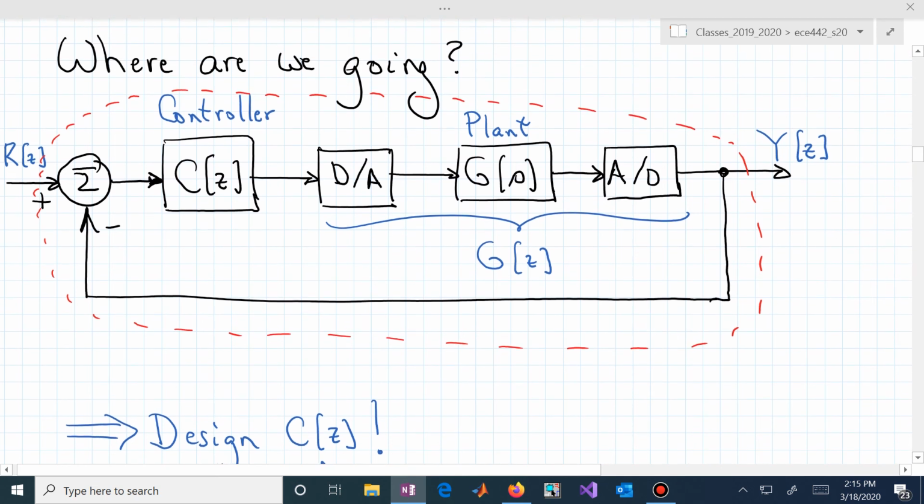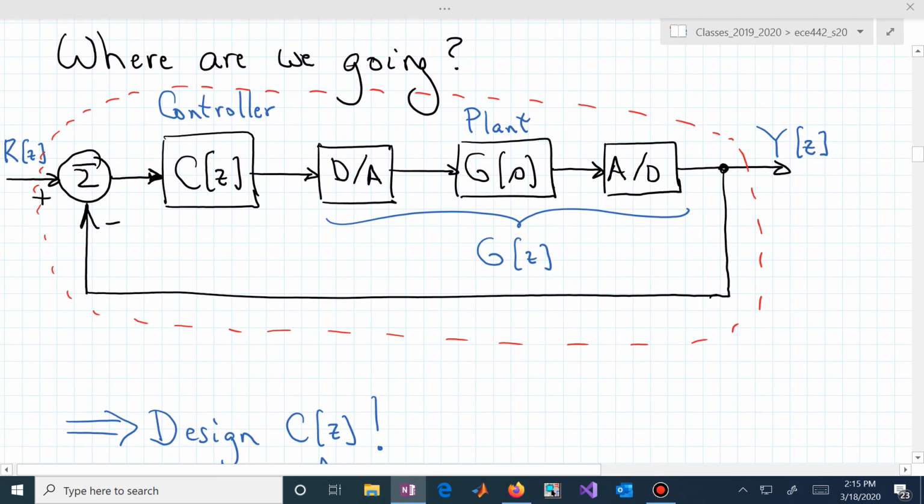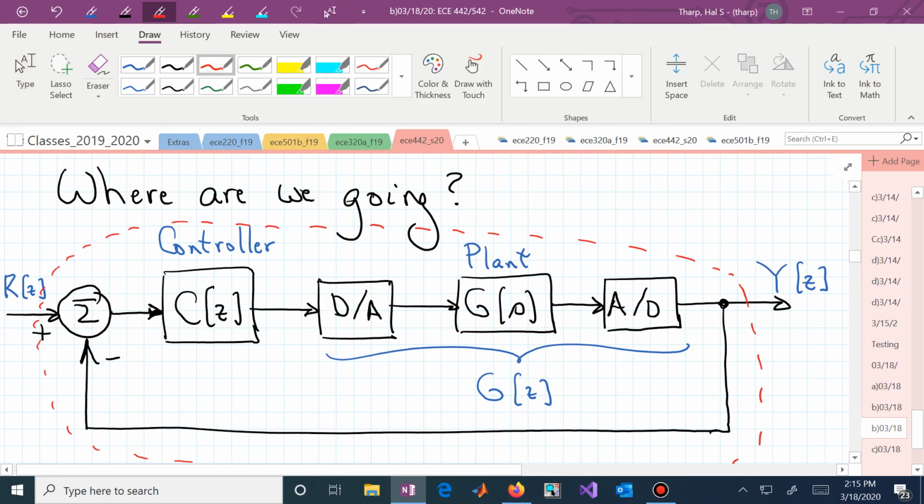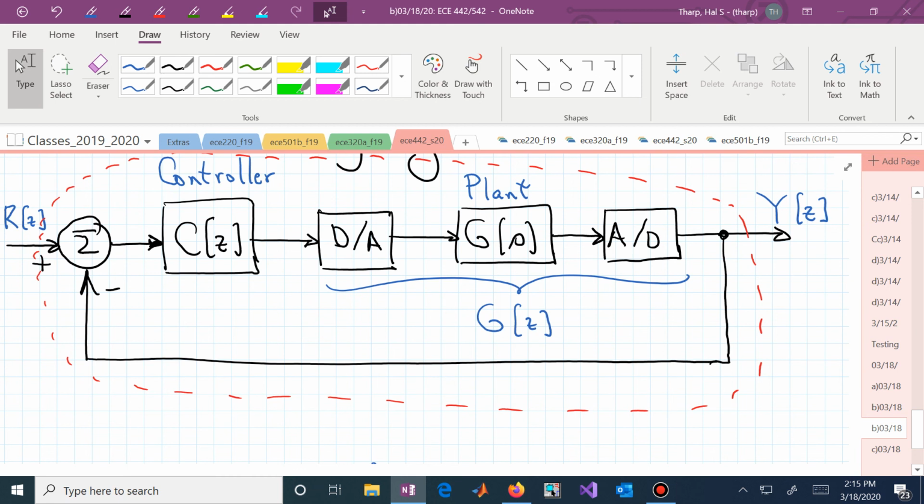And in order to do that, it might be helpful to understand what's going on between the reference input R and the output Y. It's obviously going to be influenced by G of z and C of z.